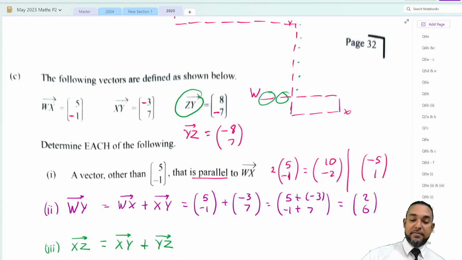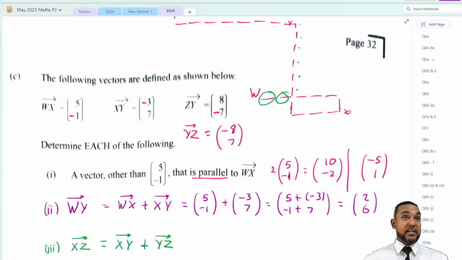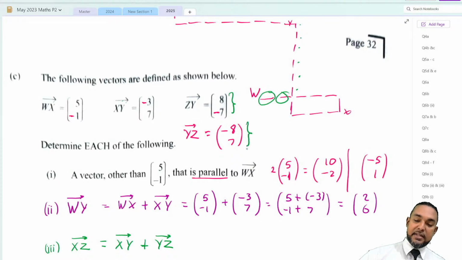YZ. To invert a vector simply means to change the sign of each of the components. Whatever was positive would become negative, and whatever was negative would become positive. So if ZY was positive 8 and minus 7, YZ is negative 8 and positive 7.